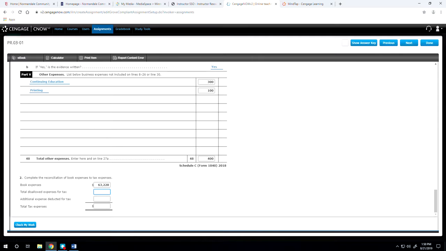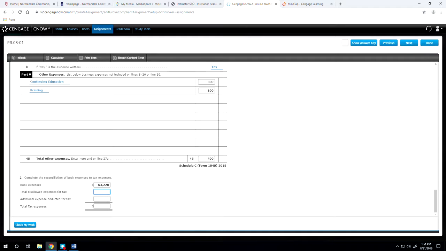And the total disallowed expenses for tax purposes. There's a couple expenses on here that are disallowed for tax purposes. They tell us in the problem that number one, the charitable contribution amount of $275 is for a political action committee. Political expenditures are not deductible for tax purposes. So that one is disallowed.